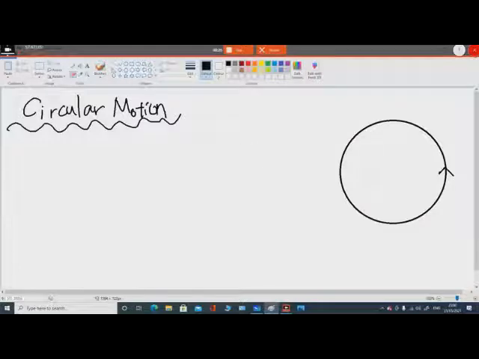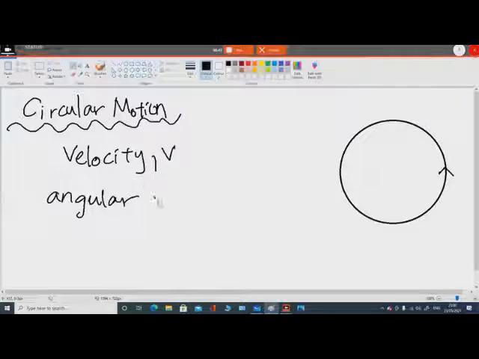So in linear motion, we have velocity, which is denoted as v. As for circular motion, we also have velocity, called angular velocity, which is denoted as omega.